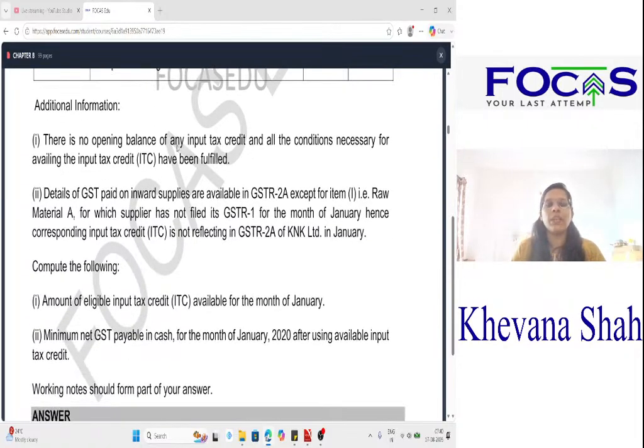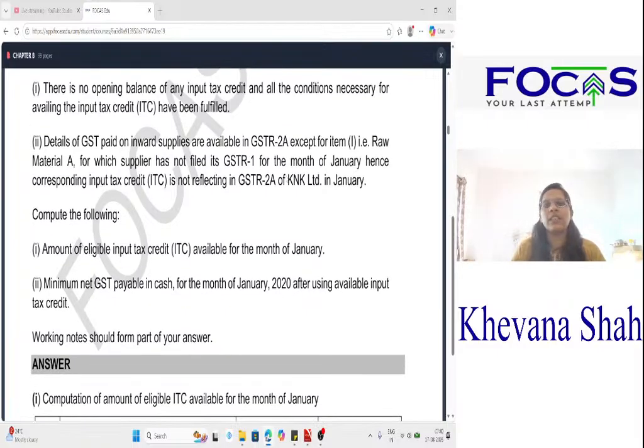There is no opening balance of any ITC and all the conditions necessary for availing the ITC have been fulfilled. Details of GST paid on inward supplies are available in GSTR 2A except for raw material A, for which the supplier has not filed its GSTR 1 for the month of January, and so the corresponding ITC is not reflecting in GSTR 2A of K&K Limited in January.